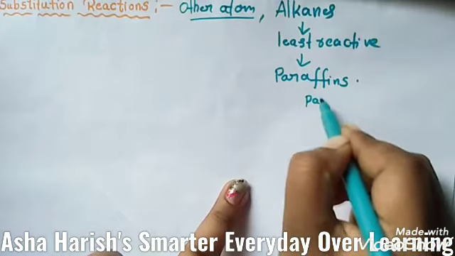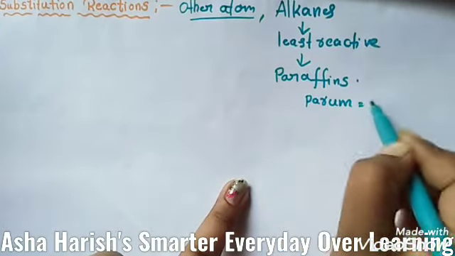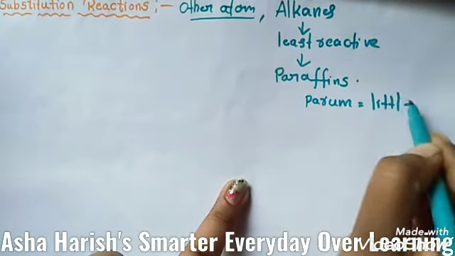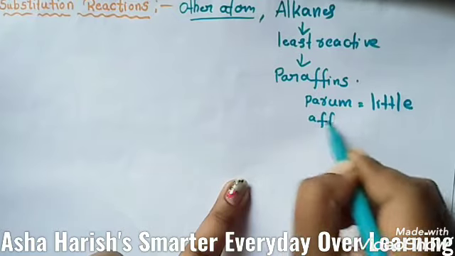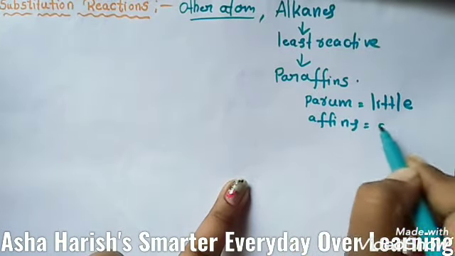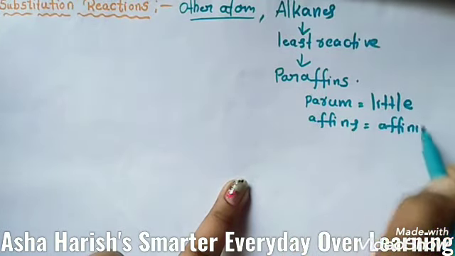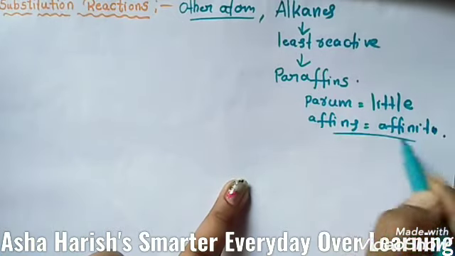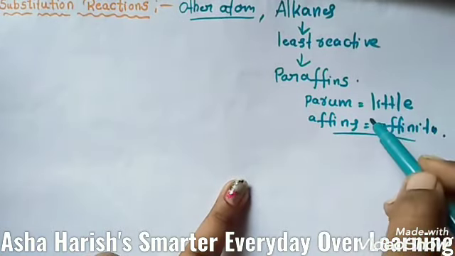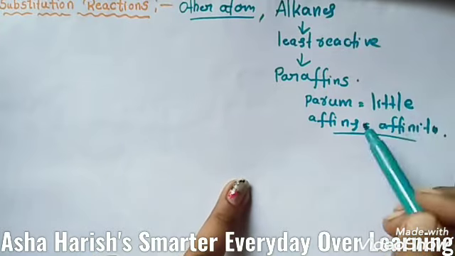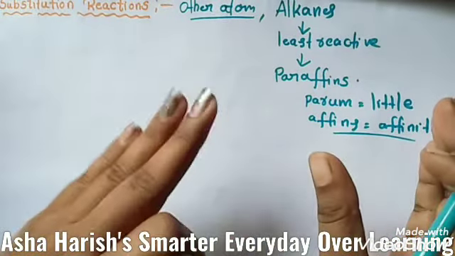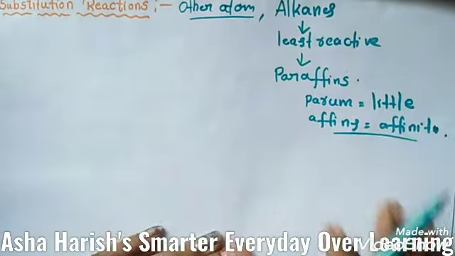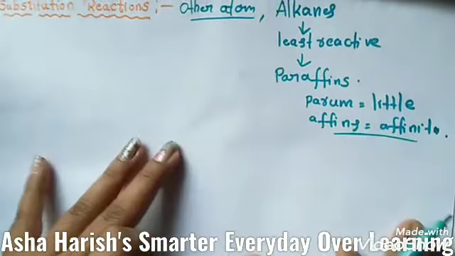Because parum means a little and affinis means affinity, that is, no affinity towards chemical changes. However, they undergo some chemical changes under suitable conditions, which are substitution reactions.